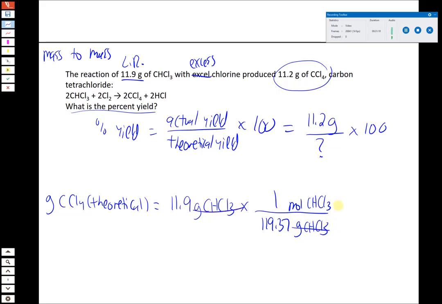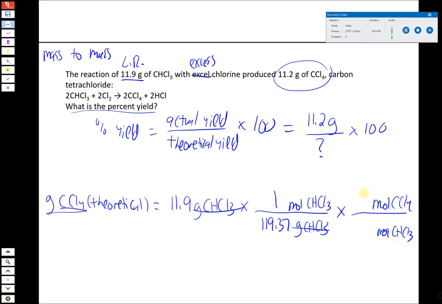So that gives us moles of that, and then we look at our balanced equation. I don't know why it's balanced with coefficients of 2 everywhere. That seems unnecessary, but in this case we didn't have to worry about balancing it, so we just use what's directly given to us. We want moles of CHCl3 to cancel, and we're looking for moles of our product CCl4.